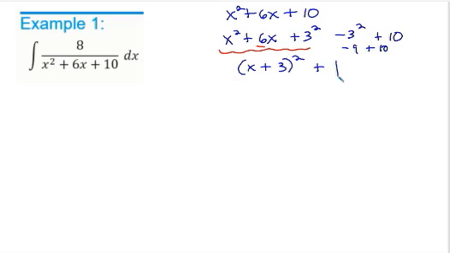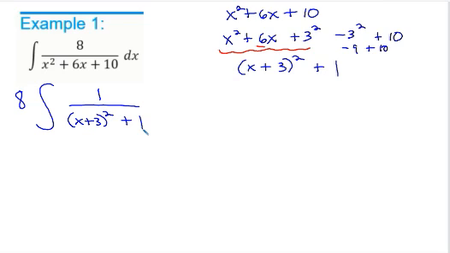All right. And if you look at what we have now, I pull this 8 out in front, and I have the integral of 1 over x plus 3 quantity squared plus 1. And that may not seem very significant to you, but we're thinking inverse trig function again.